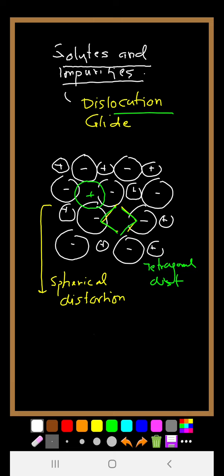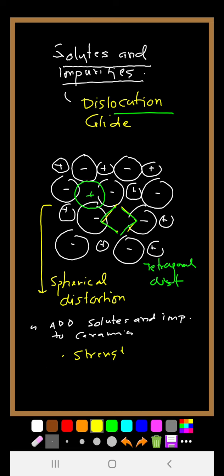Now, if we add solutes and impurities to ceramics, they will also lead to strengthening via precipitation of a second phase.